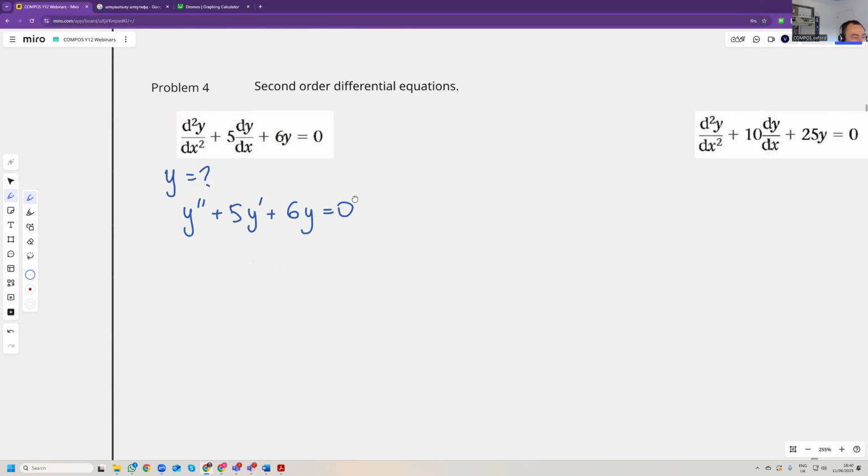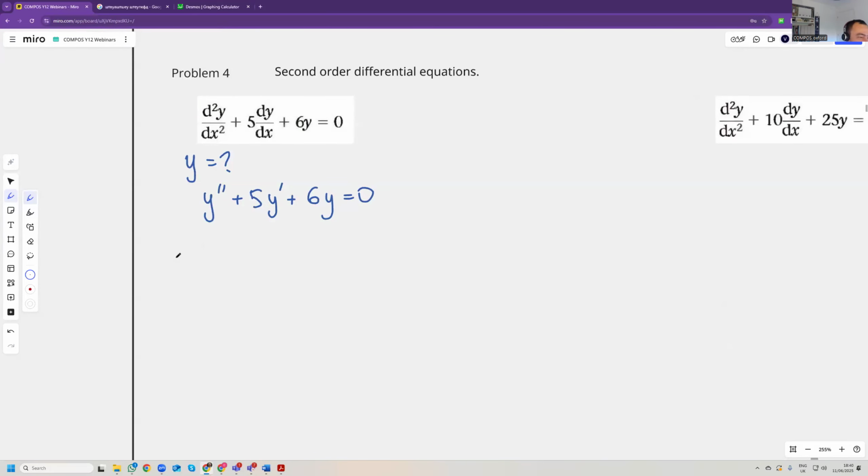So what we do is we say, well, let's search for a solution in the form y equals A e to the lambda x.